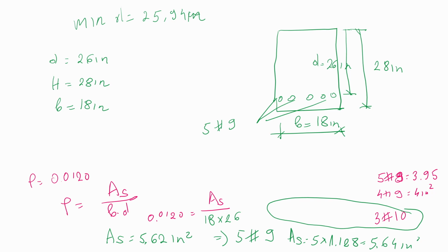You can pick number 10 or number 11 rebars. In this case, I have 5 number 9, which will give me 5.64 inch square. So this is now my cross section, 5 number 9 with width of 18 and the height of 28 inch.